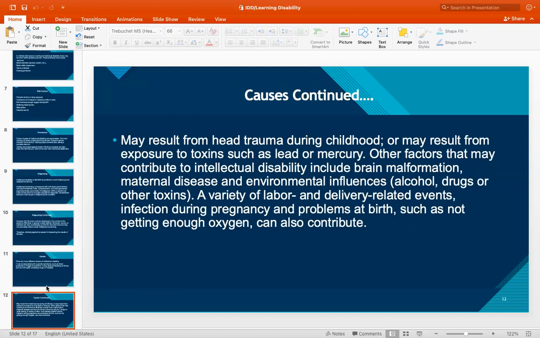Other causes could be head trauma in childhood, as well as some brain malfunction, some of the maternal diseases, as well as environmental influences. Labor and delivery is also a concern to think about when there are problems during pregnancy, such as not enough oxygen being had for the baby in the womb. So a lot of those things to consider as well.